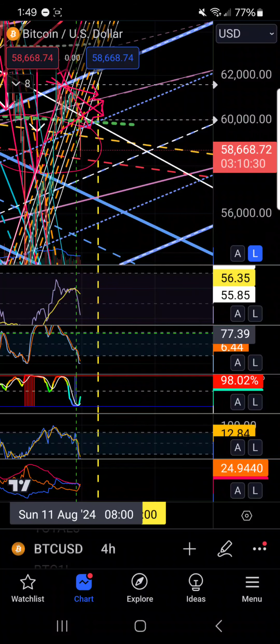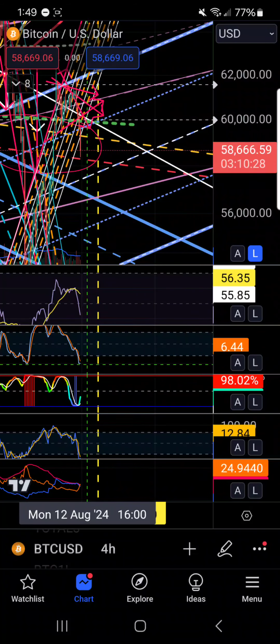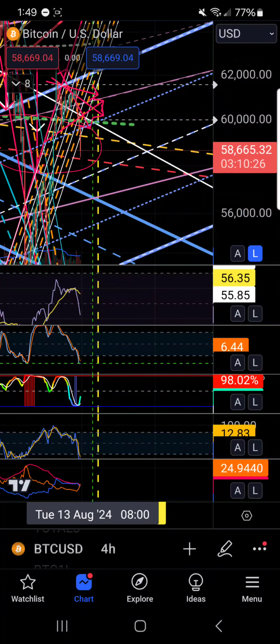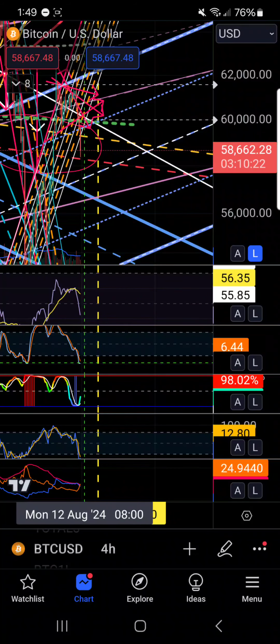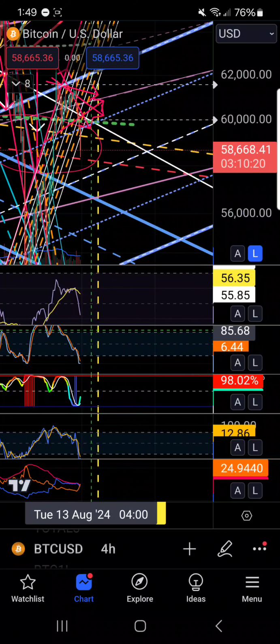I was expecting us to come down here, and we do have the opportunity to turn back up on the 4-hour, and maybe we do get a pump for Monday as hopium comes into play, and everybody's doing their typical Monday thing. So anyway, that's what I'm looking at.